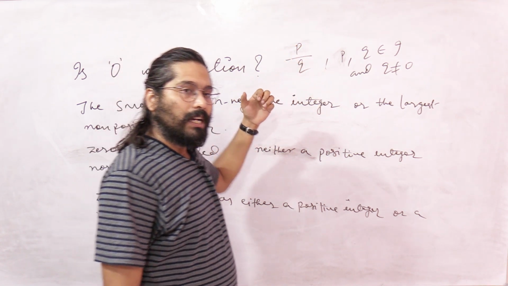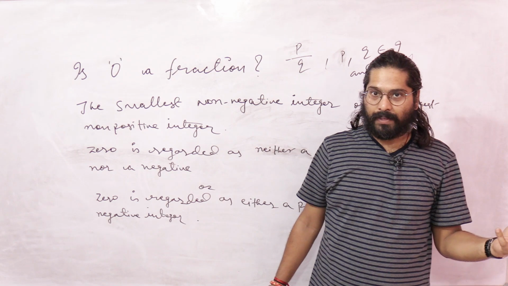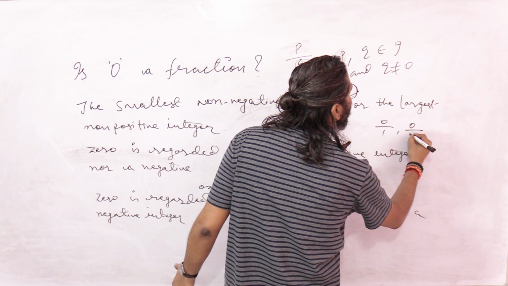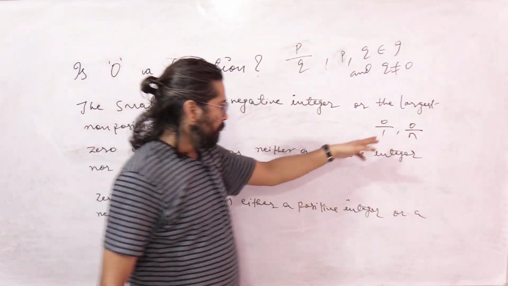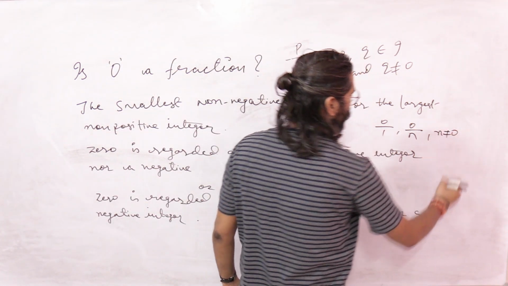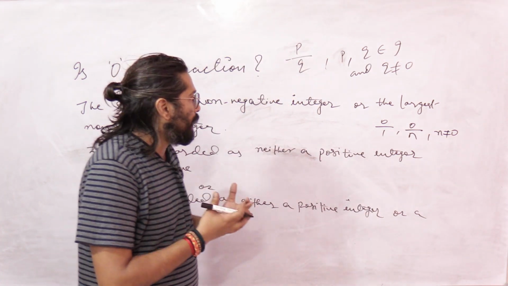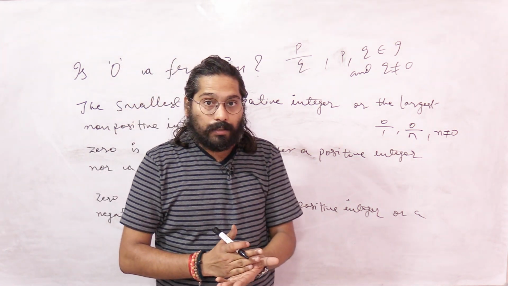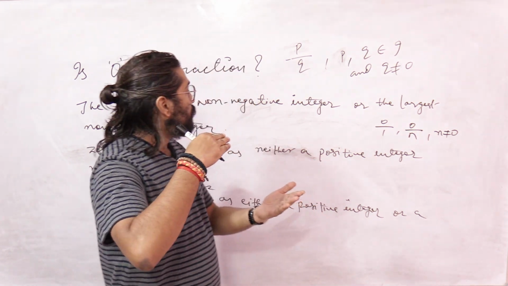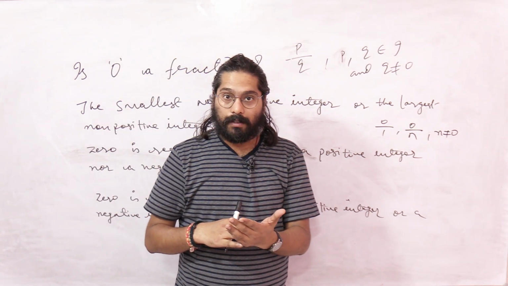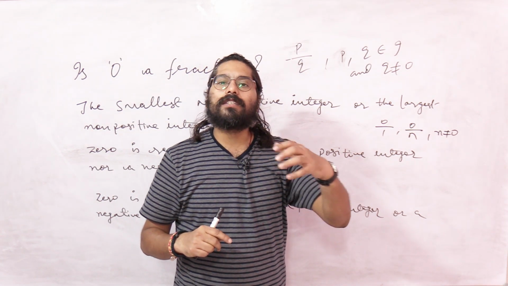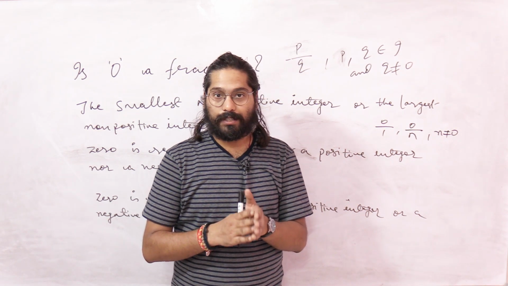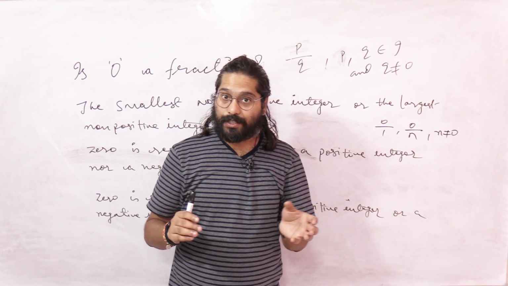So, because 0 is an integer, it can also be written as 0 by 1 or 0 by any number n, where n is definitely not equal to 0, and hence 0 can be a fraction. 0 is an integer and 0 is a rational number as well, and definitely every integer is a rational number, and because 0 is an integer, therefore it is also a rational number and hence a fraction.